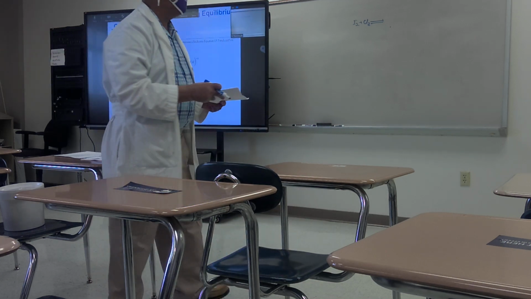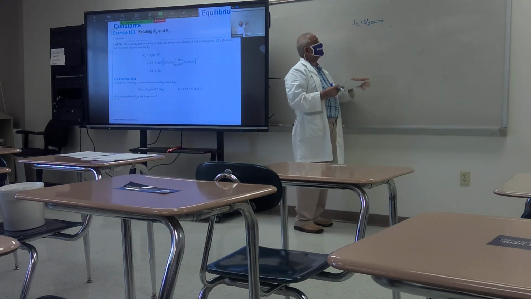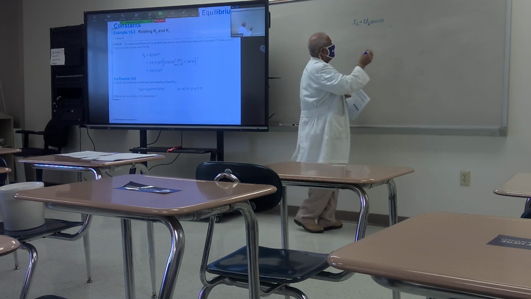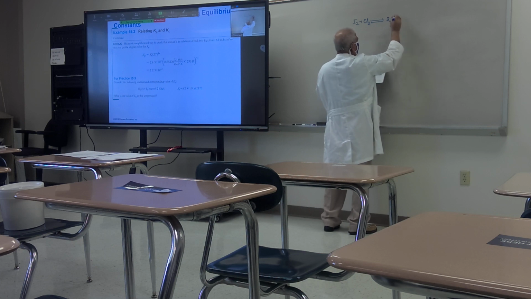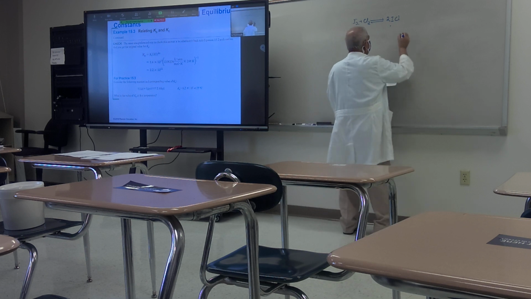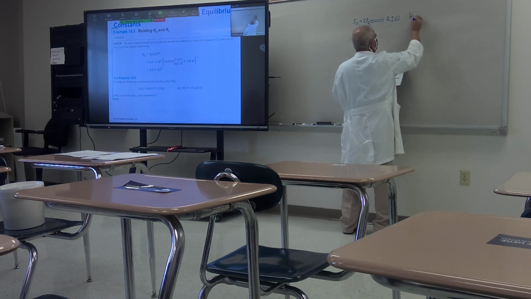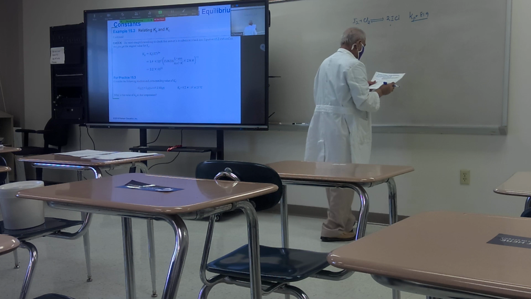You have to pick about 25 reactions like this and write the Kp and Kc expressions. And this is going to be 2ICl. And they have given Kp for this. Kp for this is 21.9 at 25 degrees Celsius.